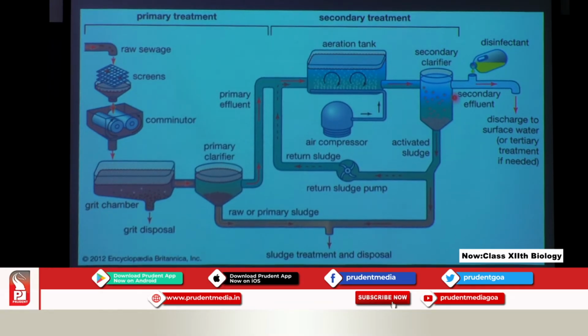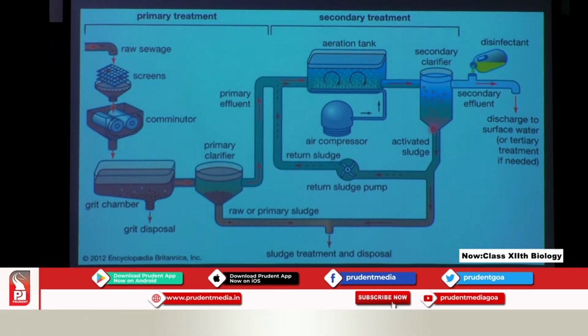This is the activated sludge, which will be acted upon by the anaerobic bacteria to produce the biogas. And then the effluent is called the secondary effluent, which is disinfected and discharged in the water bodies, or it is once again sent for tertiary treatment.